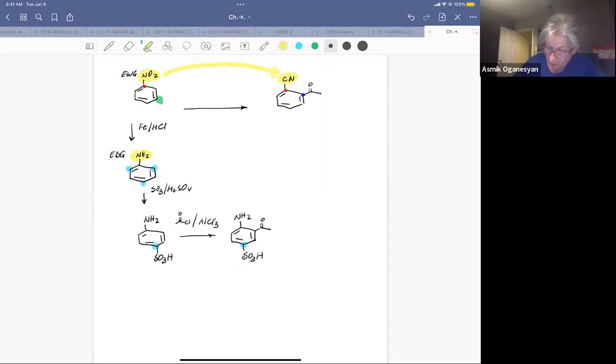Okay, excellent. Now we have our para position protected. Our substituent placed the next substituent onto ortho position, which is taken now. At this point, we can actually get rid of that protecting group. So let's do just that.